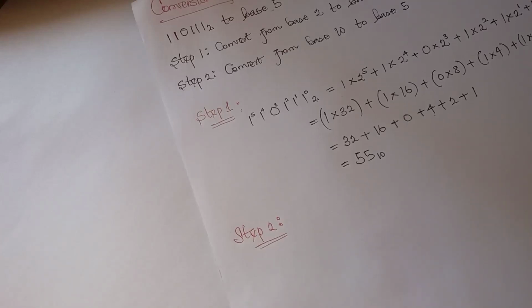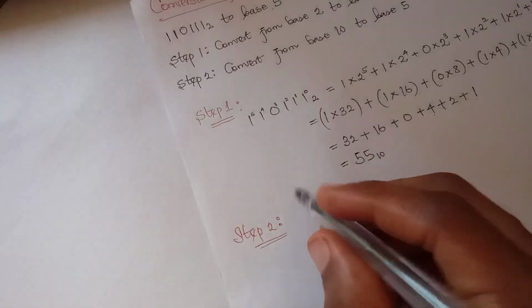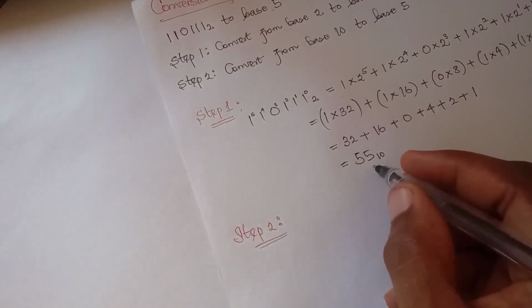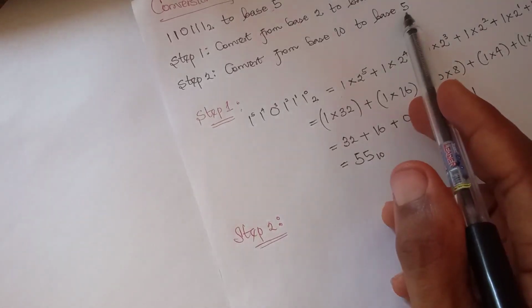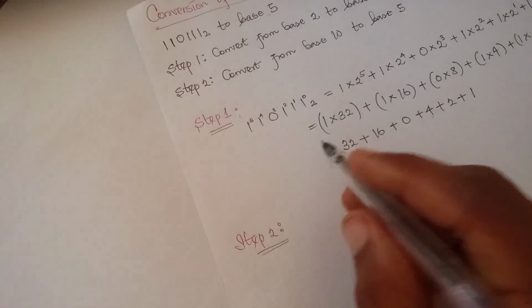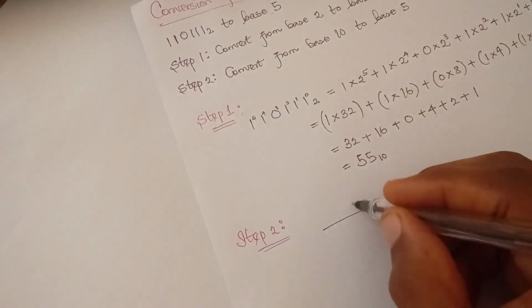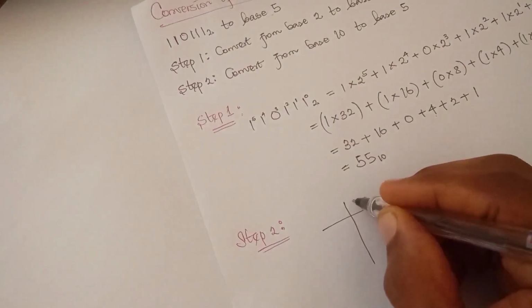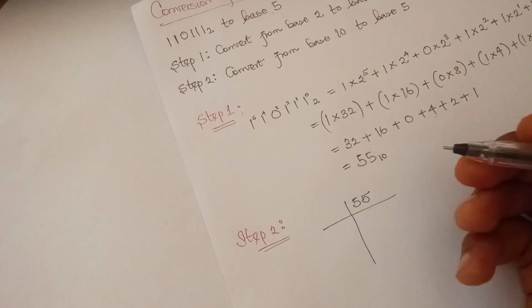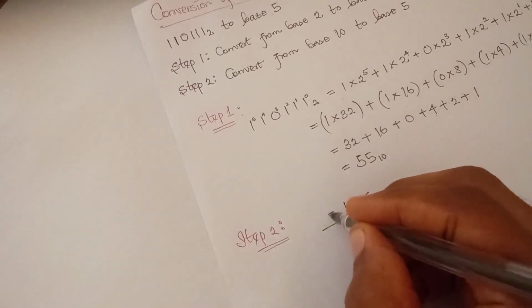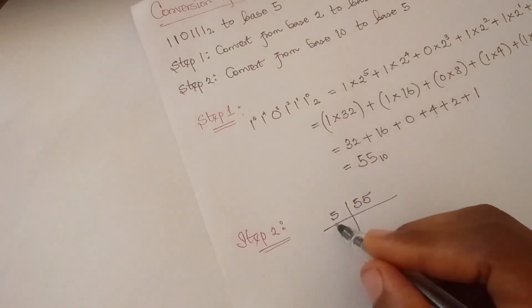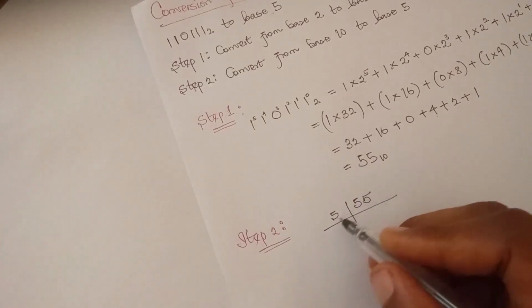Dividing 55 by the particular base, which is base 5. So we put it on a table, write 55, and divide by 5.